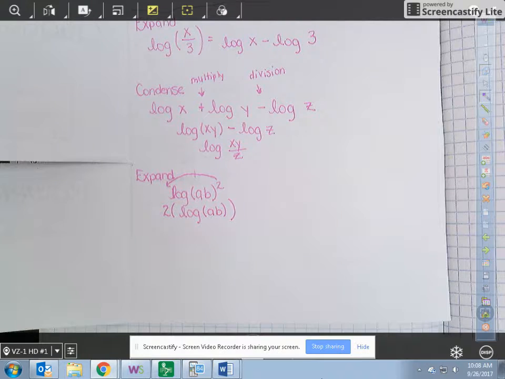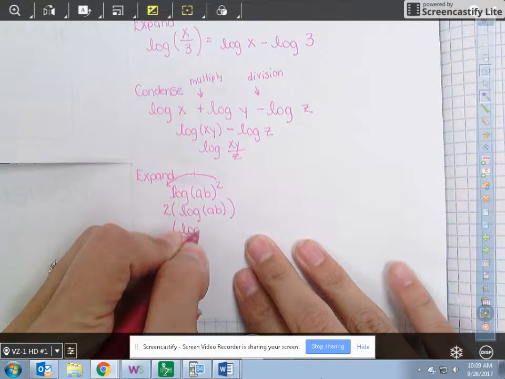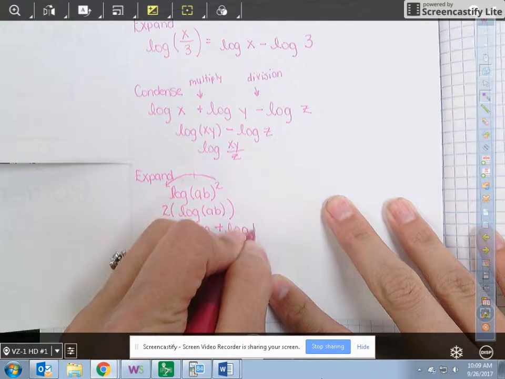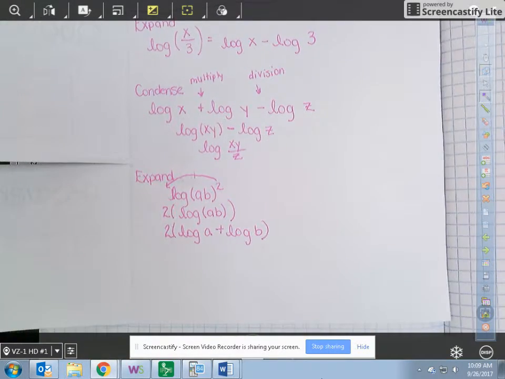Sometimes you could be finished there. Are you in this particular example? Nope. No, because I have something being multiplied. So to be multiplied means to add. So on the inside here, I could have log A plus log B with the 2 out front. That is perfectly acceptable.